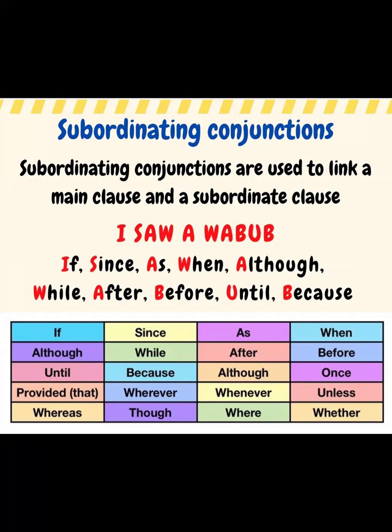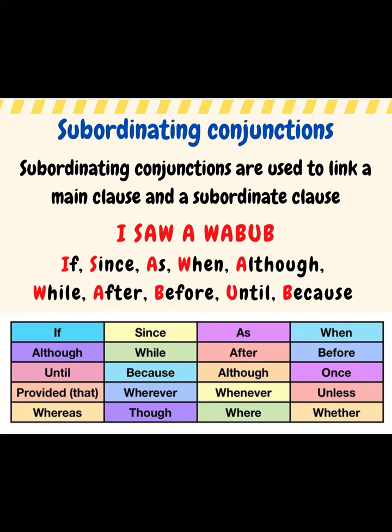But I just wanted to speak about the specific words that are within the subordinating conjunctions group, because I know that at school, many of you will learn either I saw a wobble, and each of the letters in that stands for a different conjunction. Some of you will learn on a white bus as a way of remembering certain conjunctions, but be mindful that if you are learning I saw a wobble, they are not the only subordinating conjunctions there are.